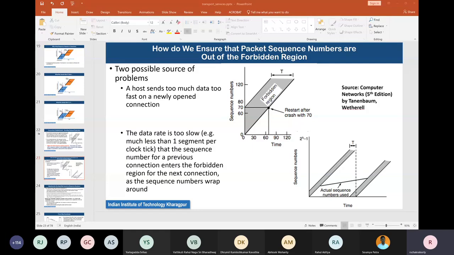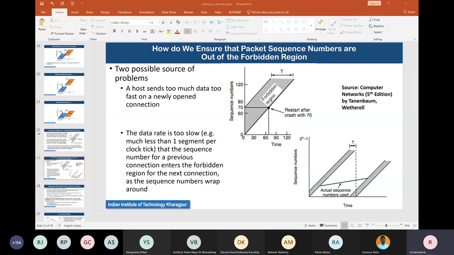Now the rate at which the segments are released is controlled by the transport entity. We will study in detail all the algorithms that are applied to control this rate. They are quite complicated. But to a certain extent, this also depends on the application layer, the rate at which it is generating segments and passing them on to the transport entity. It is not entirely the transport entity's responsibility alone.